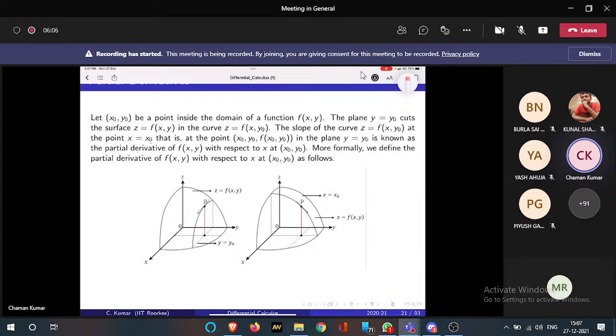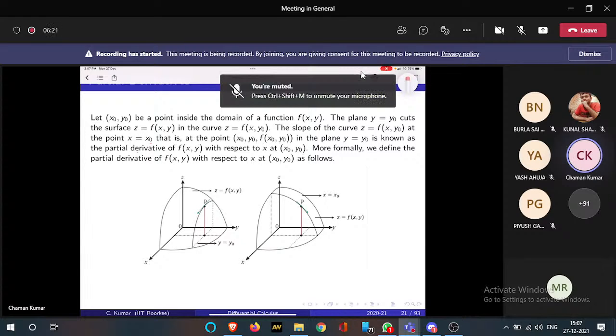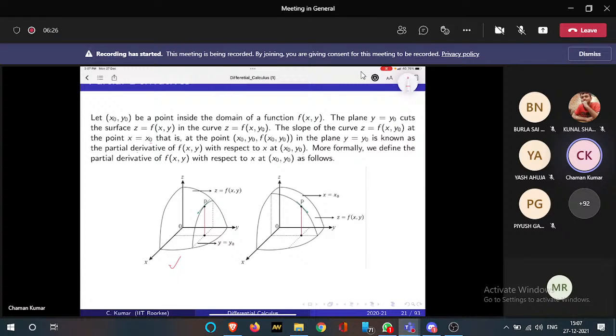By fixing the value of x, this will become a function of single variable y, and you differentiate this with respect to y in the usual way. That gives you the partial derivative with respect to the variable y. Okay, so geometrically, geometric interpretation also we have seen just now. So this is the geometric interpretation of the partial derivative with respect to x. This is the geometric interpretation of partial derivative with respect to y. Okay.